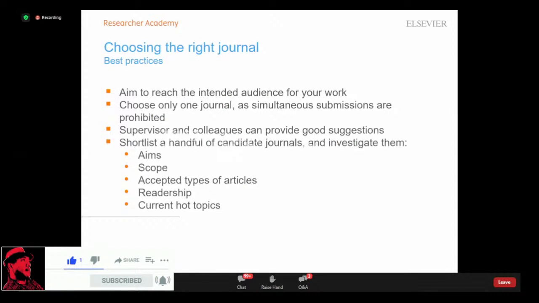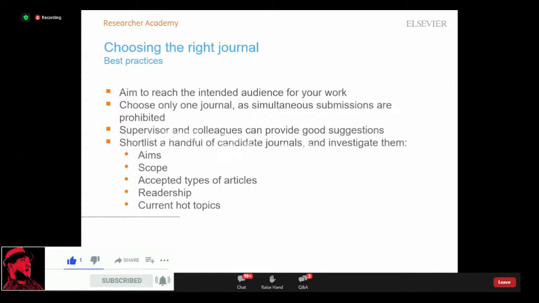Choosing the right journal is, of course, very important. You want your research and your findings to meet right with the journal. It should be in the journal that is most fitted. So really do make sure to pay a lot of attention to this by reading the aims and scope.